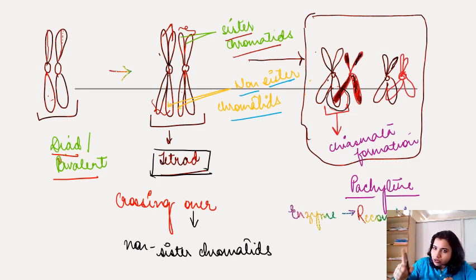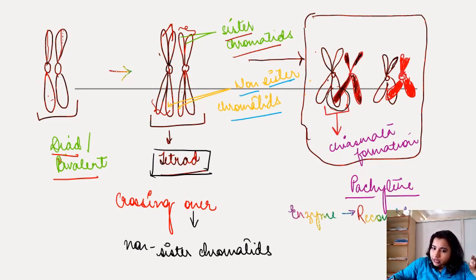To differentiate the chromosomes, I have colored one chromosome and another one. Let me color it here also. This chromosome also, if I color it, you can see here, right? So to differentiate it from the other, you can see the crossing over taking place, right?